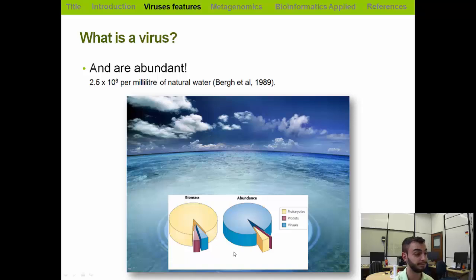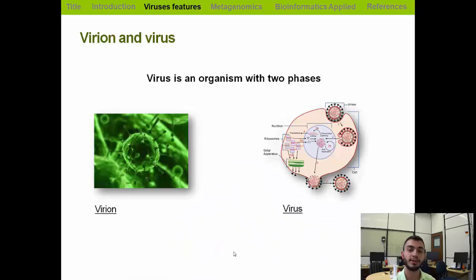So it's a lot. Here I bring you this concept about a virion and a virus, and I tell you that viruses are organisms with two phases. There is this virion concept that says that the particle, the protein capsid with the genetic material, is inanimate, it is a particle, and it is called a virion.